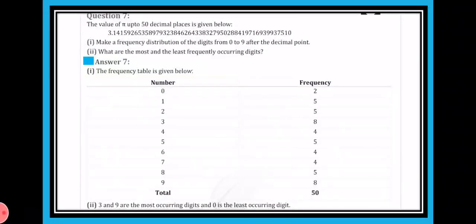So 3 and 9 are the most occurring digits, and 0 is the least occurring digit, because 0 occurs the fewest times. So the answer for question number 2 is that 3 and 9 are the most occurring digits, and 0 is the least occurring digit.